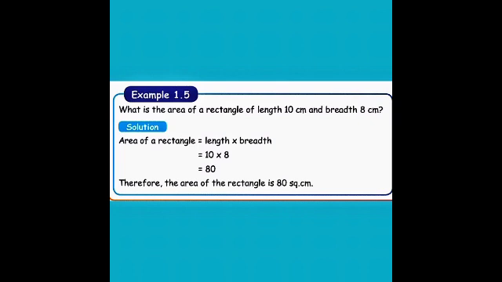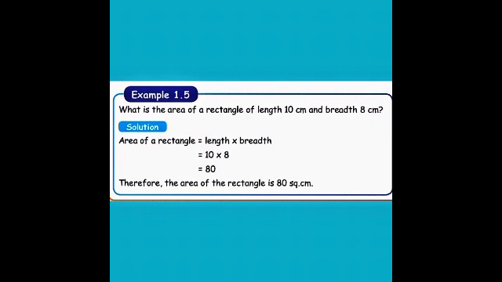So 10 8s are 80. But here we have to put a square unit. For the area alone, we should use square units, because area is denoted by square units. Therefore the area of the rectangle is 80 square centimeter.